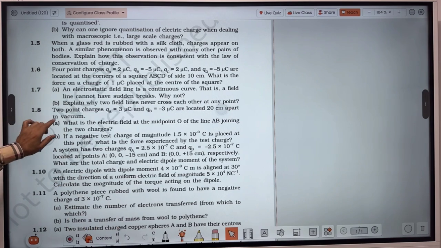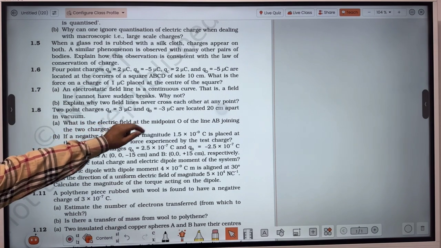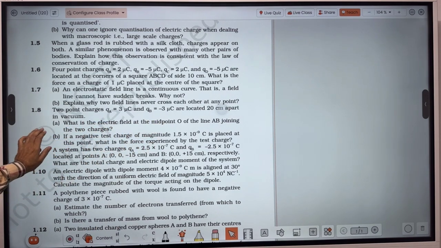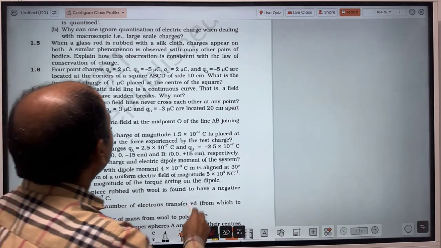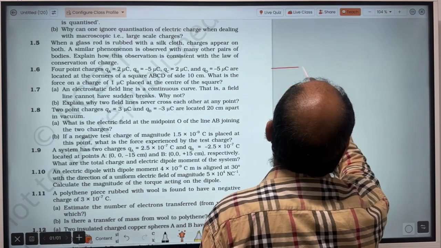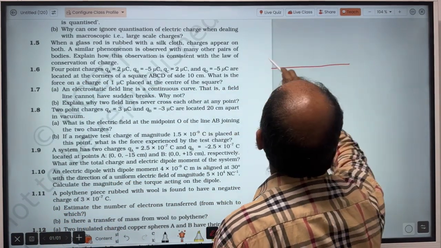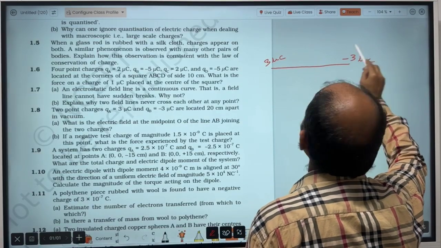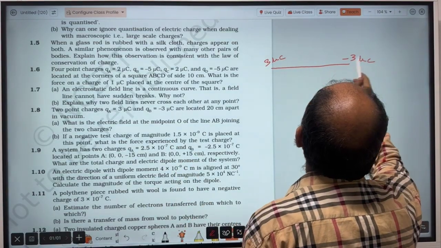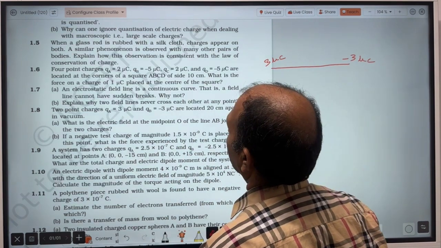Now, 2 point charges QA, QB are located 20 centimeter apart in vacuum. What is the electric field at the midpoint O of the line AB joining the two charges? So let's calculate it. You are given 3 microcoulomb and minus 3 microcoulomb, and the separation is 20 centimeter.